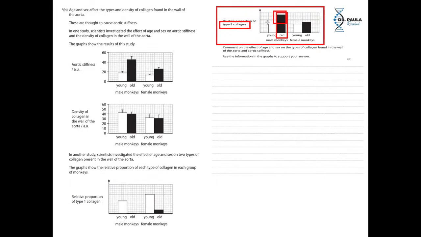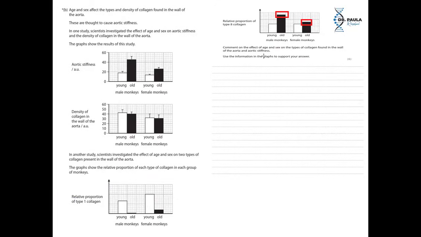You can see that when you compare this with that. And for the idea of the female and male, as we said, you can mention that the male has more type 8 collagen in the wall in comparison with the female.